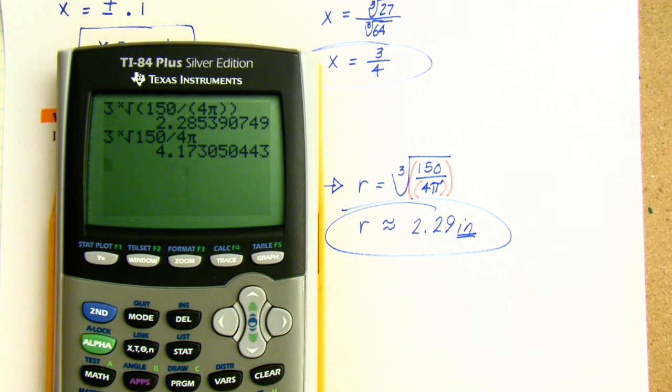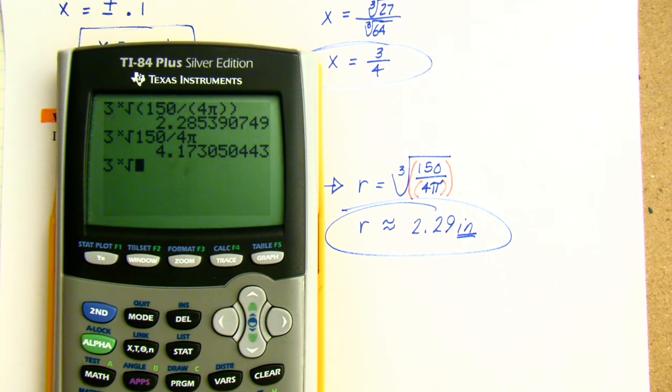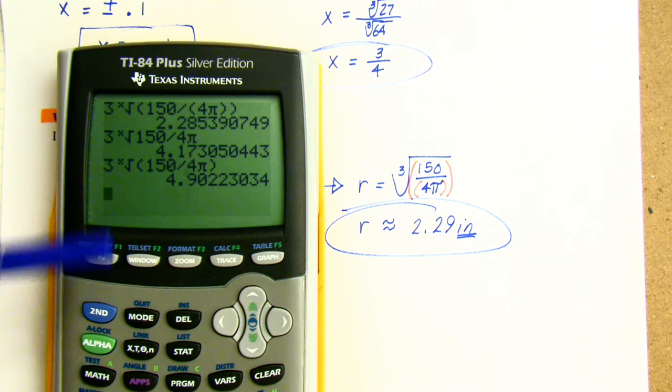All right, let's try one more thing. Cube root of parentheses for the fraction, 150 divided by 4 pi. Close the fraction. It's still not the same answer, and it's different than this one.